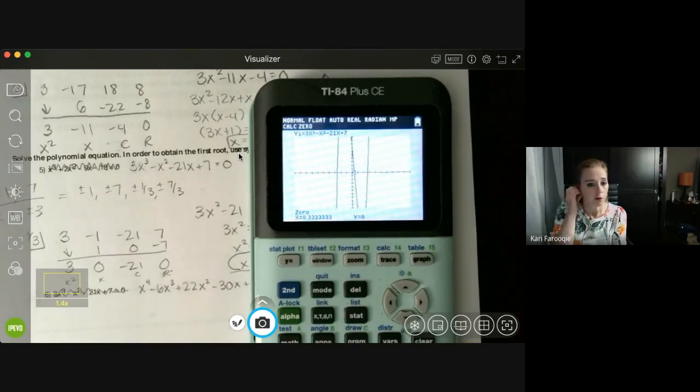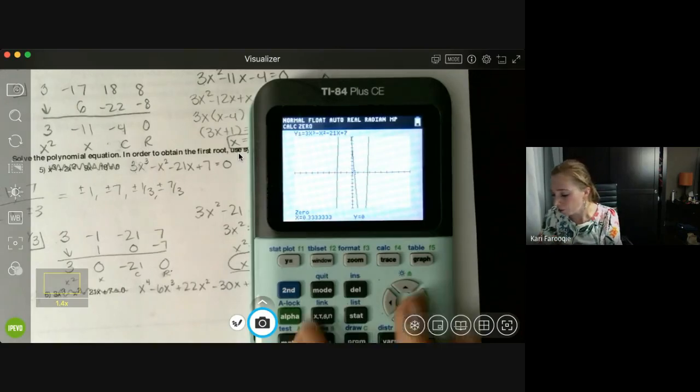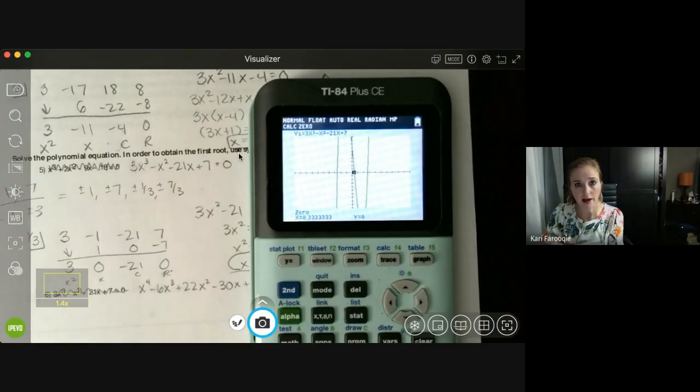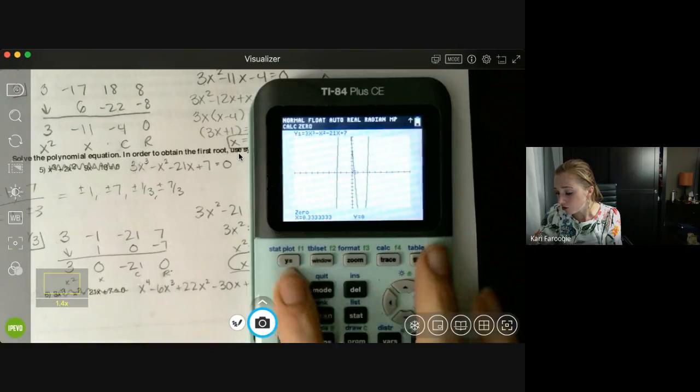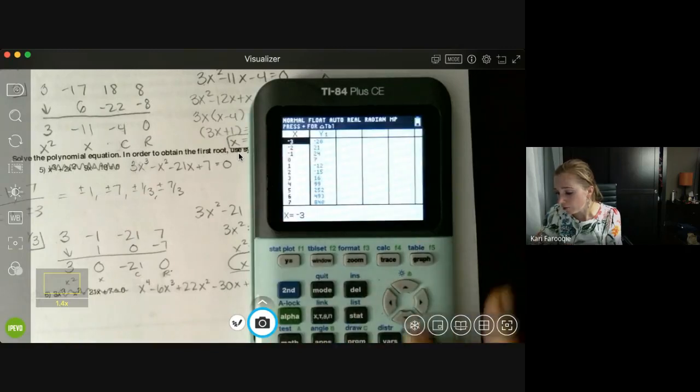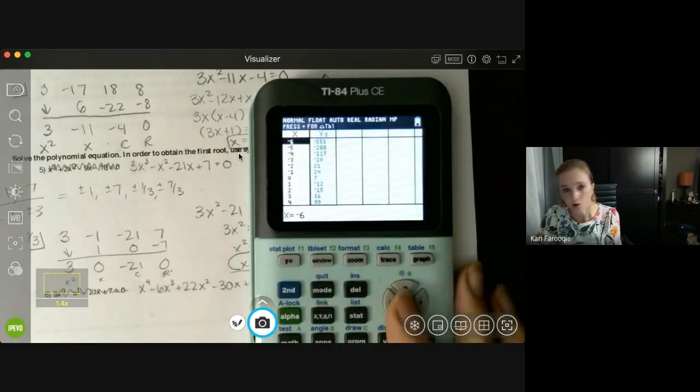That's one way of doing that. Another thing you could do is you could look in your table. Now, I think some of you, or at least I the other day, was set to ask. But you can always set up your table so that you can put in a particular value and ask your calculator to tell you what the y value is. Because if you just go to your table by itself, well, it's not going to give you x equals 1/3.